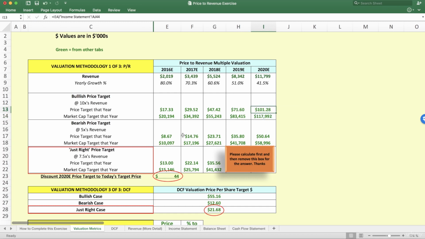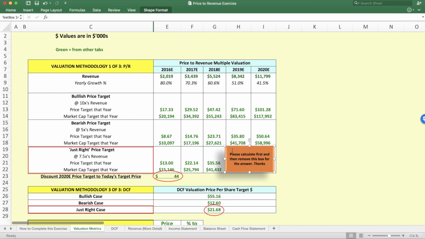All right, in terms of bearish, you take 5 times the revenue divided by the number of shares there, see? That's just pulled off the income statement. And by the same token here, for the price target, if you base it off of 2018, then you basically just take 5 times that revenue number, okay? And then you divide it by the number of shares from the income statement.